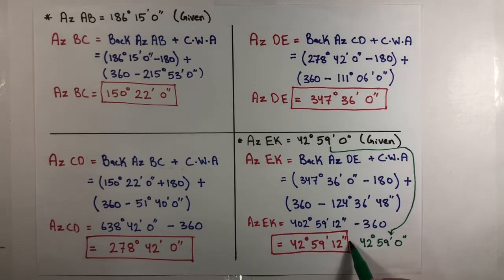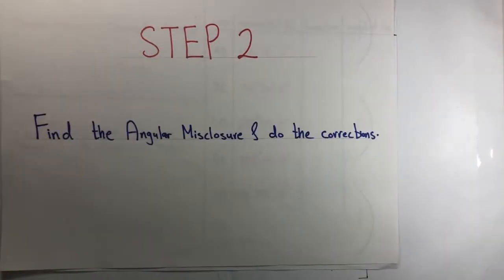Those errors are called misclosure errors. If they were similar, we would skip step 2, but there is some misclosure error, so we have to proceed now to step number 2, where we'll find this error and we will remove it.